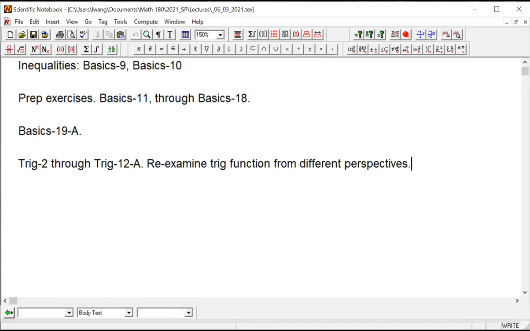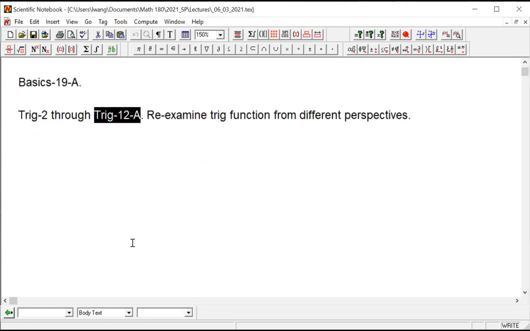So you see the consistency, how everything is derived from them, including solving inequalities at the end, like trig 12A, right? The different perspective.